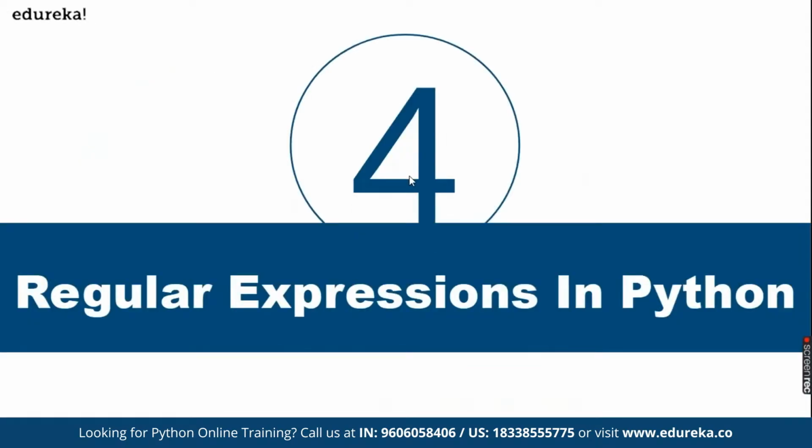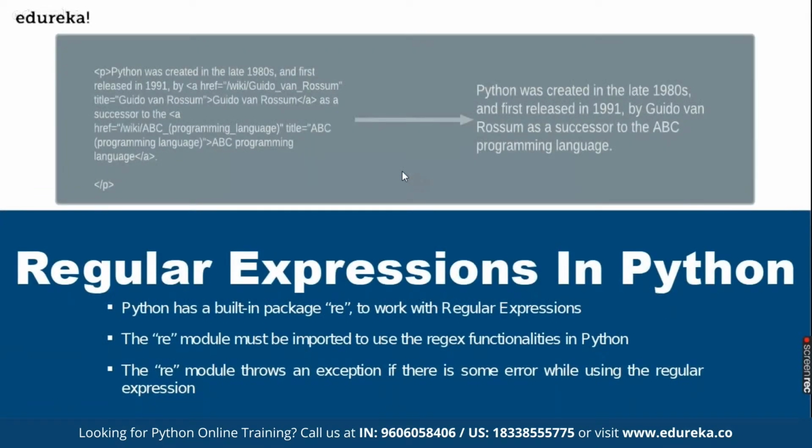So what are regular expressions? Regular expressions are offered by a package called re. re is the module. Python actually behaves like a plug and play model where whichever library you want to work on for a particular application, you just need to find a library. In order to work on regular expressions, you need to use this library called re. Once you use re, you can start programming by picking functions from this re module.